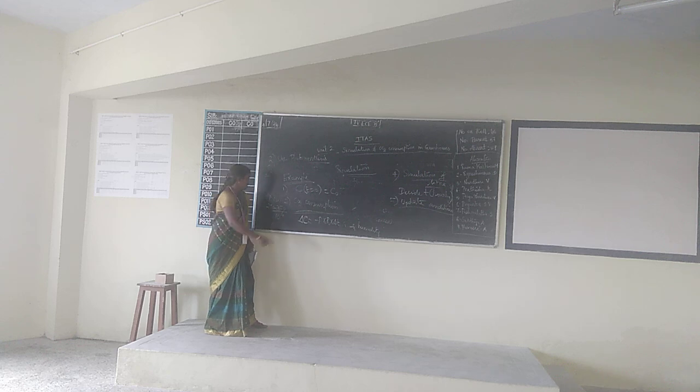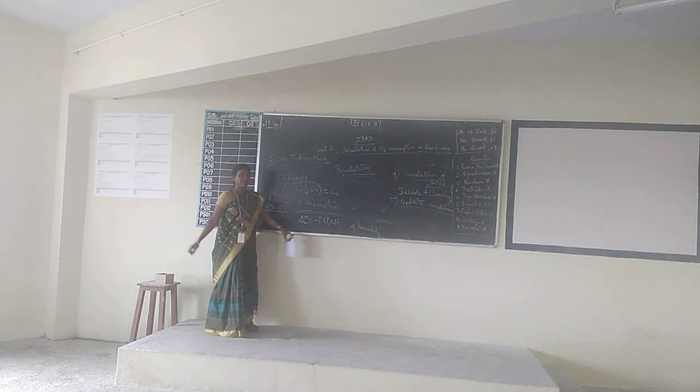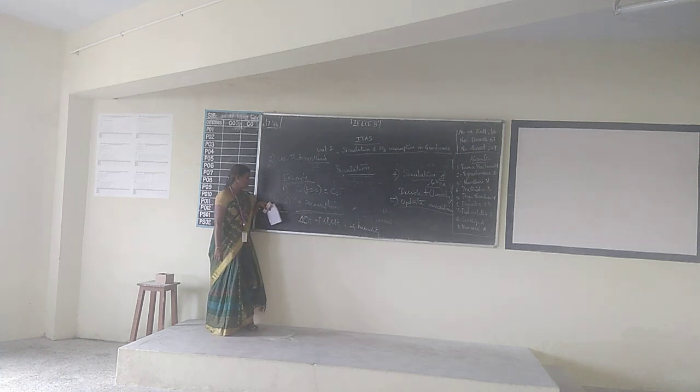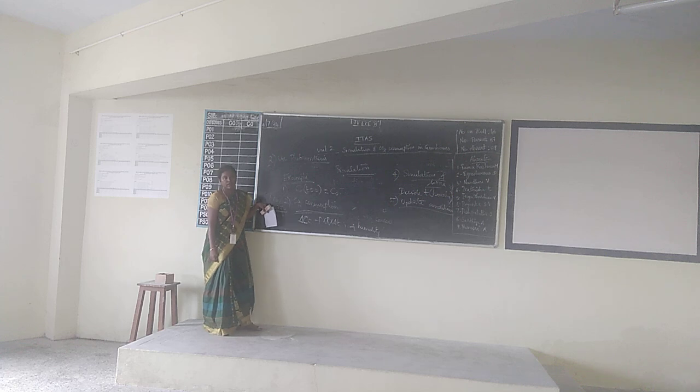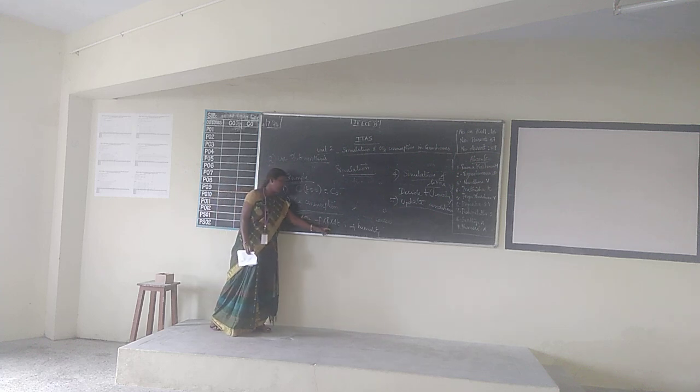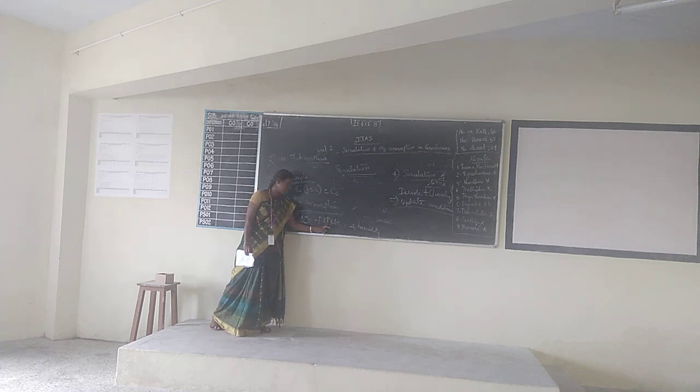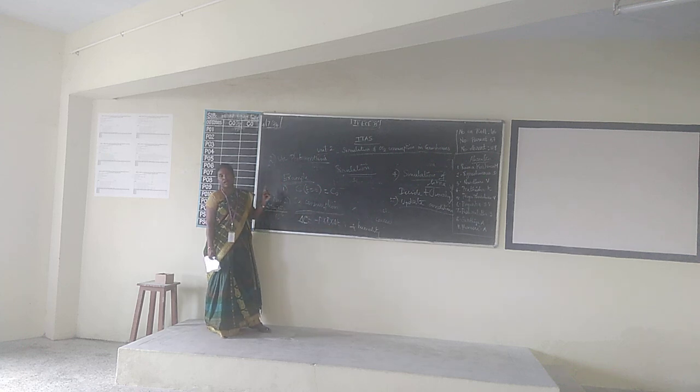For the various sets of plants, what is the amount in this range? For each set of plants, we should have this CO2 consumption at the various stages. So we are going to analyze the number of plants and the rate of CO2 consumption, in terms of rate and then the time factor. For 1 hour, how much is the rate?